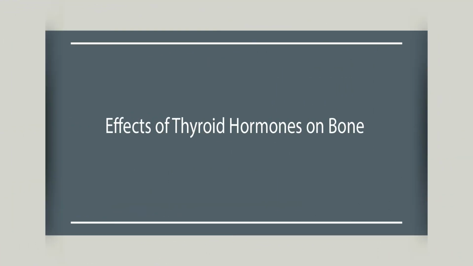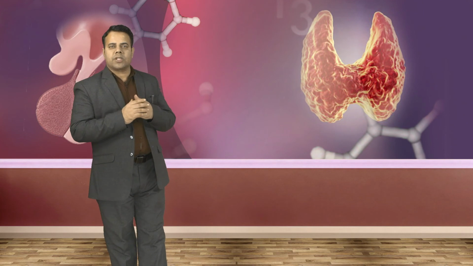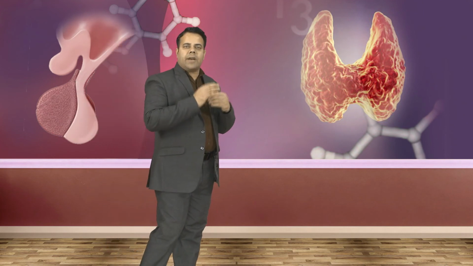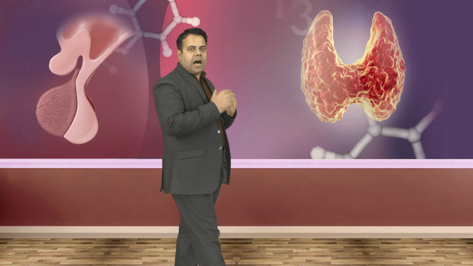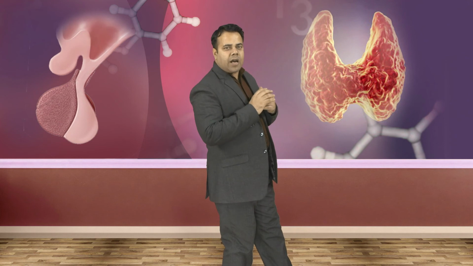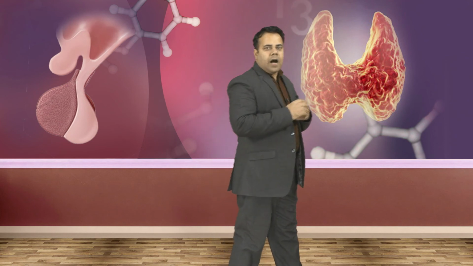Dear students, now the effects of thyroid hormone on bone. Thyroid hormone transporters are present in chondrocytes, osteoblasts, and osteoclasts, as are thyroid hormone receptors, mainly the TR alpha 1 isoform.